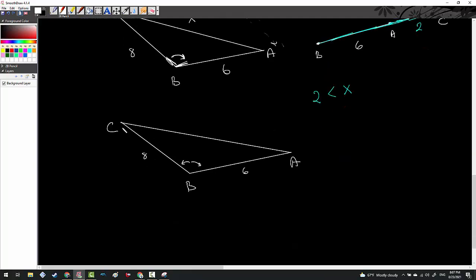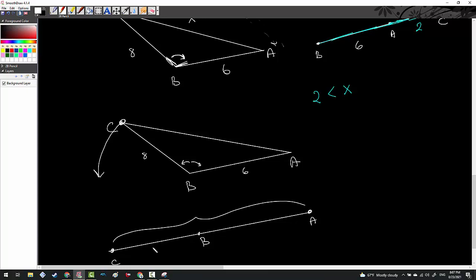If I push side C down toward there, I end up creating a line segment where this is A, this is C, and this is B. In totality, this whole thing would be an 8 and a 6, which is 14, which means the most X could possibly be is 14. So the X value has got to be not only bigger than 2, but less than 14 at the exact same time.